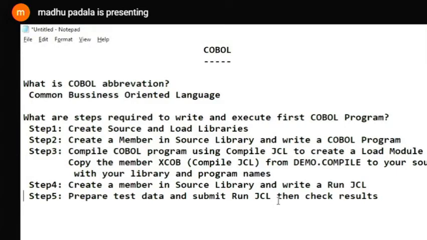I need to read each record of the PS file, and with the hike percentage given in it, update my DB2 table. In that case, I need to prepare test data, execute it, and then see whether the data is updated in the DB2 table or not. Do you understand?